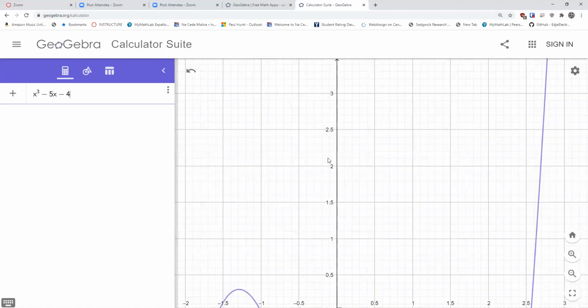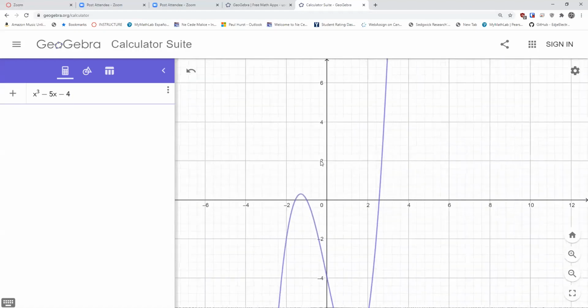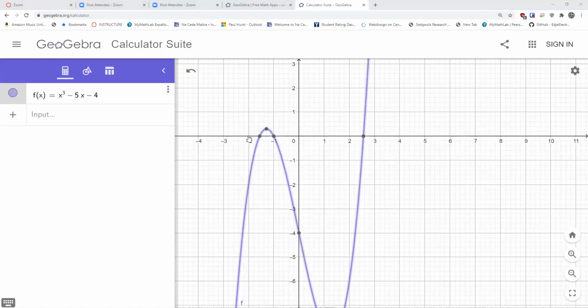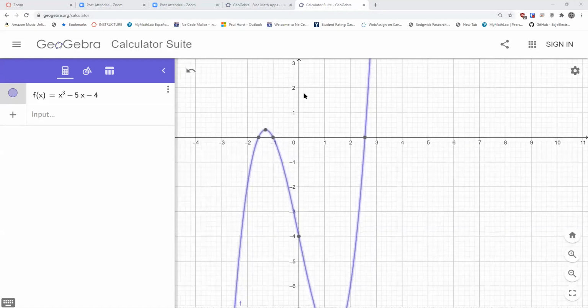And if I zoom out, then it looks like this, right? Okay, now the first one said I want a window that is negative 2 to 2 by negative 2 to 2. So that means going from negative 2 to 2 here and negative 2 to 2 there.